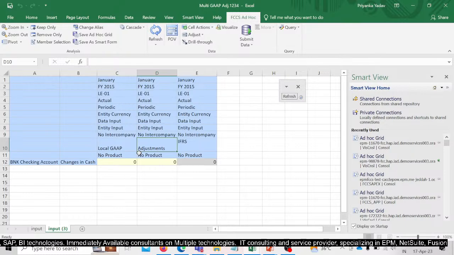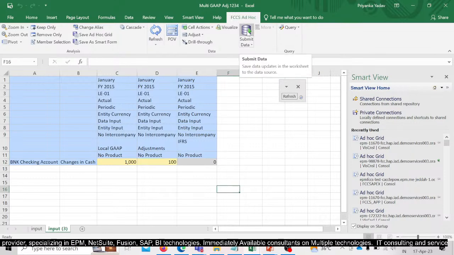I have set the POV and taken the entity LE01, and here we have selected manual adjustment. So I will input the figures here: in local GAAP 1000 and in adjustment 100, and I will submit the data.